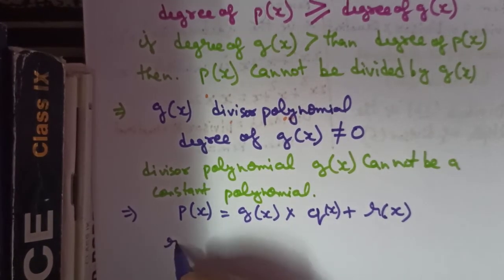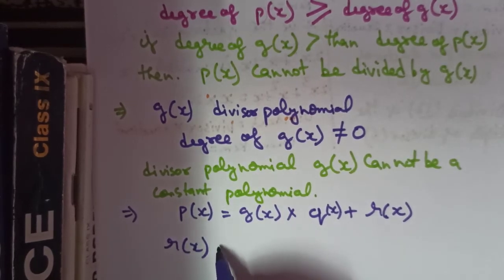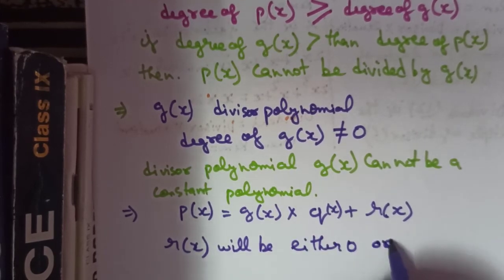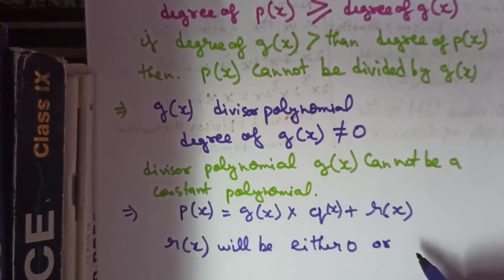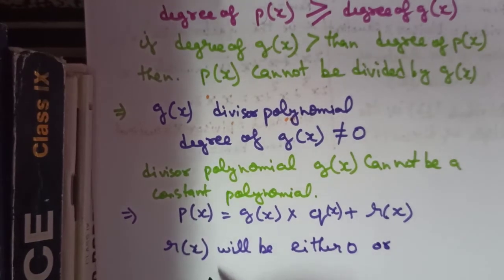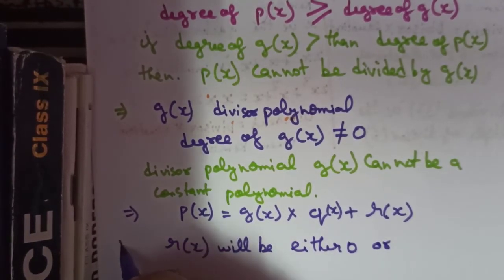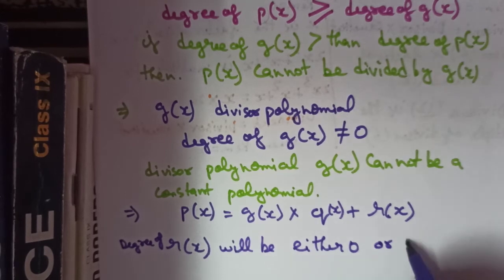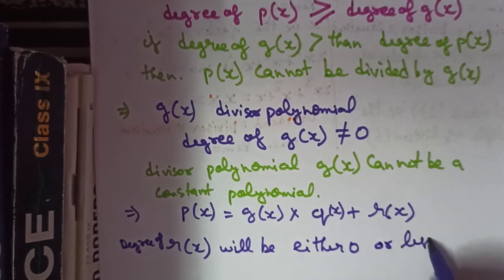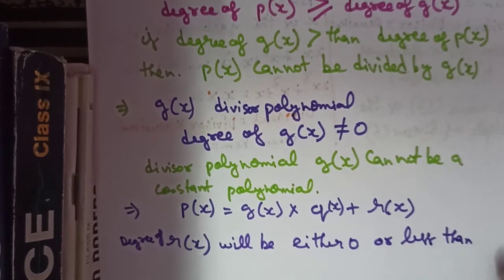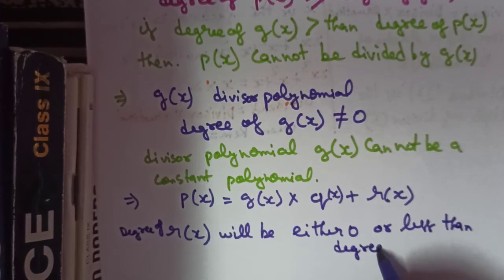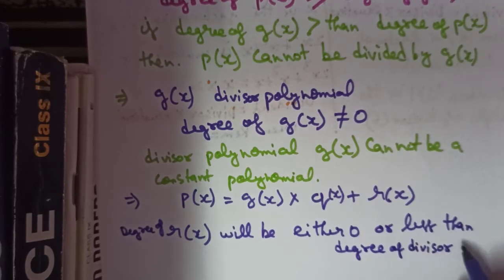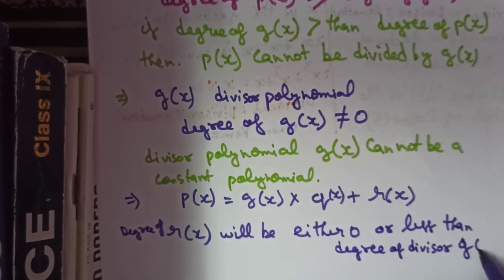The remainder polynomial rx will be either 0 or the degree of the remainder polynomial rx will be less than the degree of the divisor polynomial, that is gx.